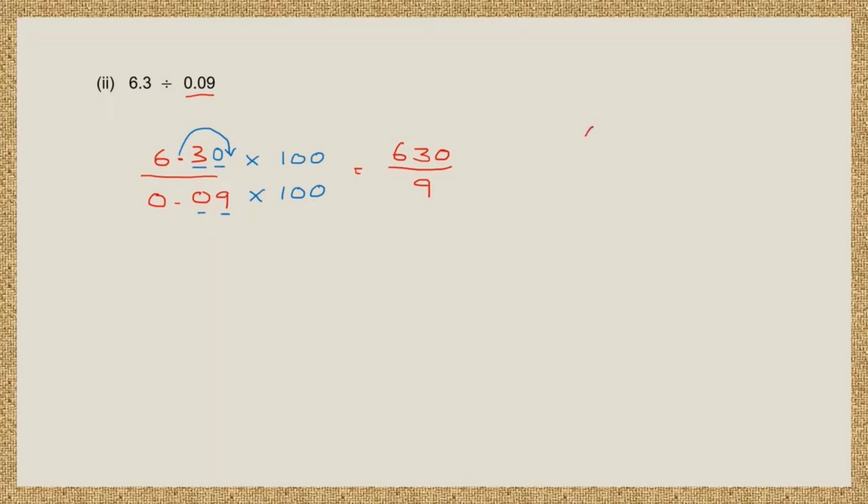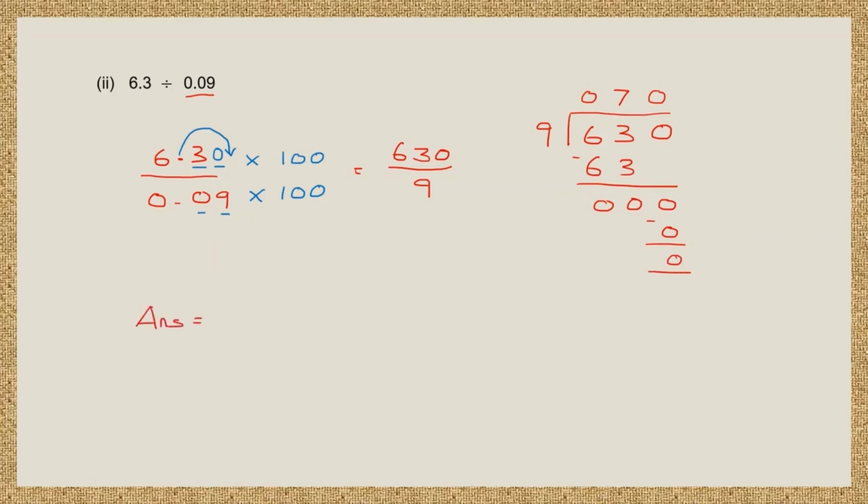Let's do that division. First number is small, so I put a 0. 63, 9 sevens are 63. Minus 0, bring down the 0. 9 zeros are 0. Minus, so what is my answer? My answer to this question is 70.